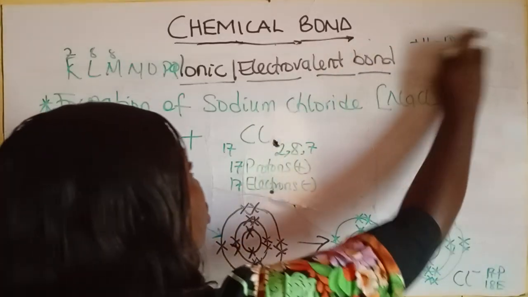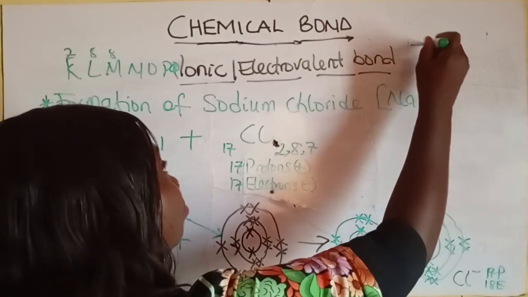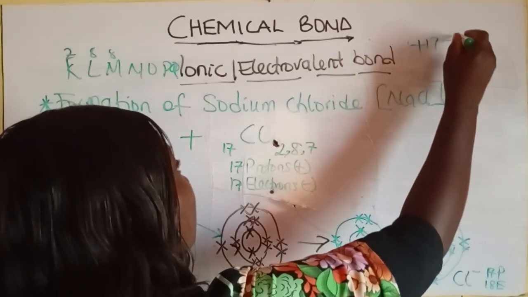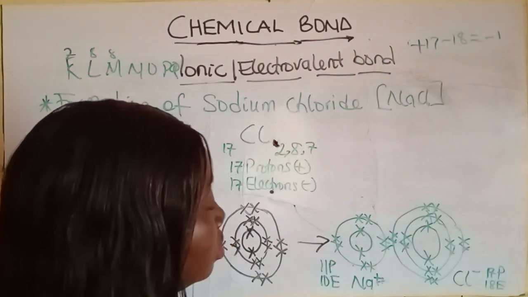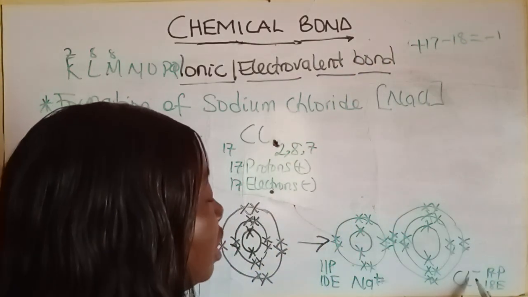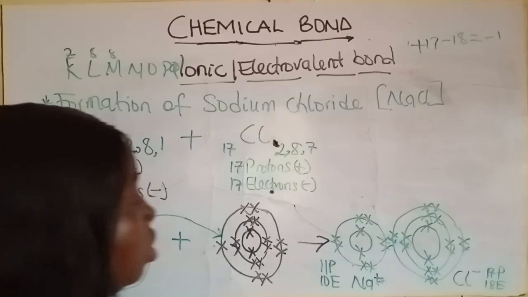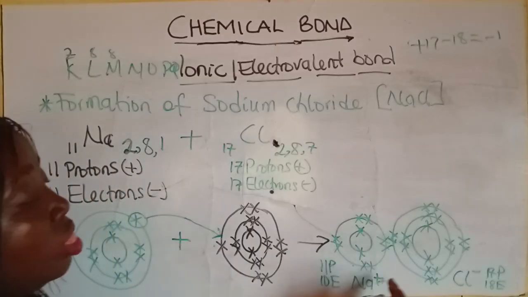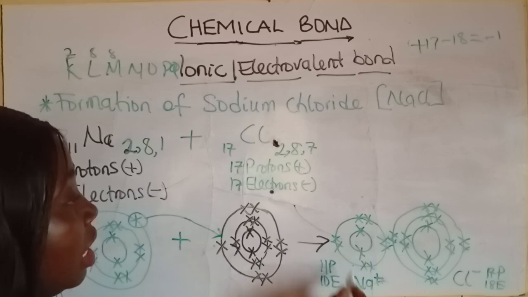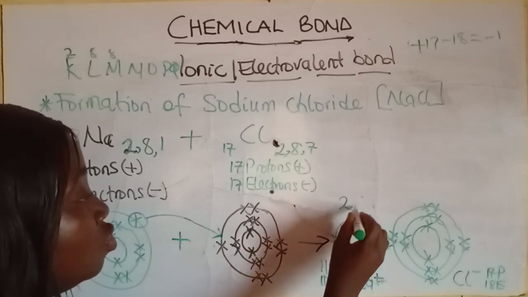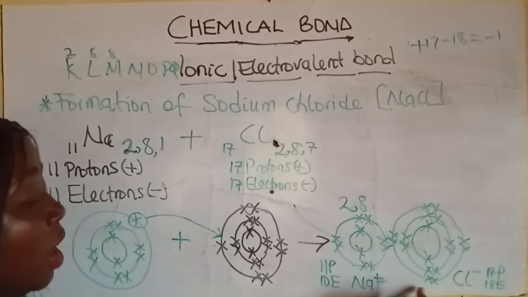So it's like plus 17 minus 18, giving us minus 1. So we don't write 1 in chemistry. That's why this ion is just chloride minus.